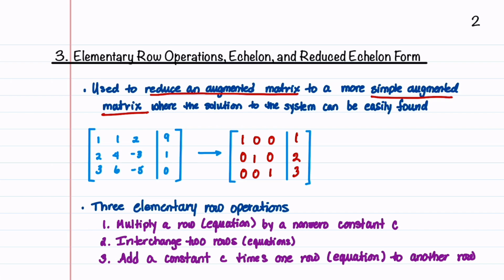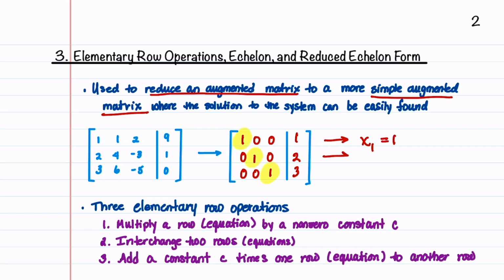In a little bit, I'll go over how to do that, but I just want to explain the structure first. So we have an augmented matrix, we reduce it to a matrix that looks like this, and then from here, we can read off the solution. So this first line tells us that x1 is equal to 1.